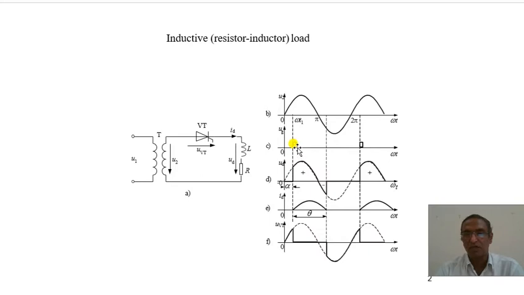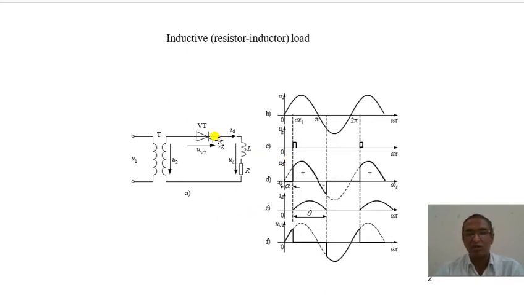When I apply this trigger pulse, the thyristor starts to conduct and the circuit becomes short circuited. So whatever the input voltage is, it is supplied to the inductive load as well as the load resistance.